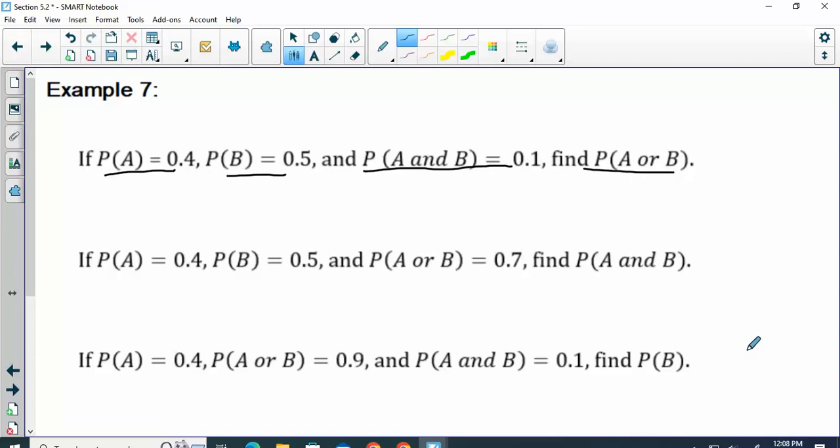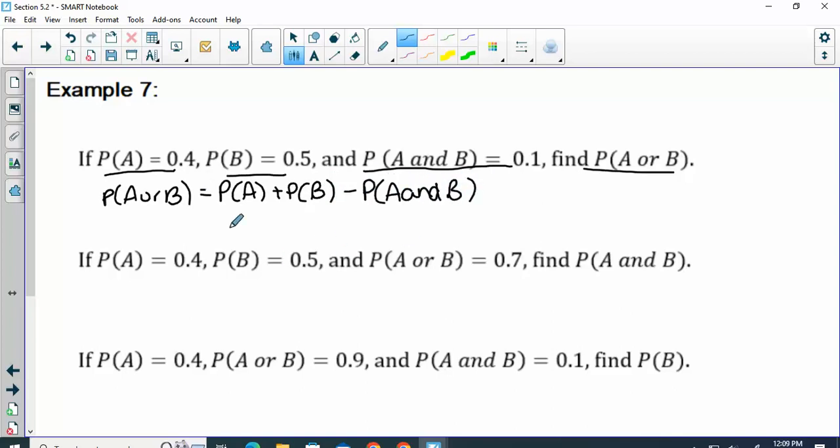You have this handy dandy formula sheet that you get for everything. Is there any formula that involves all 4 of those pieces? Yeah, which one is that? Pointing at it. The general addition one. So that one says the probability of A or B is probability of A plus probability of B minus probability of A and B. So we just plug in stuff.